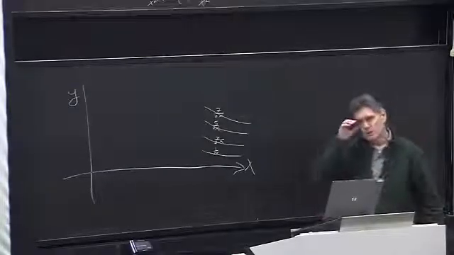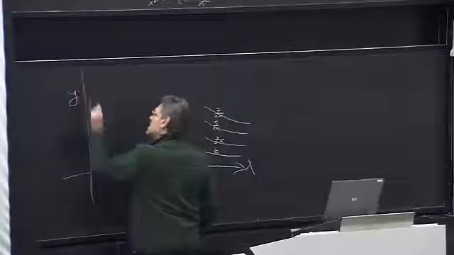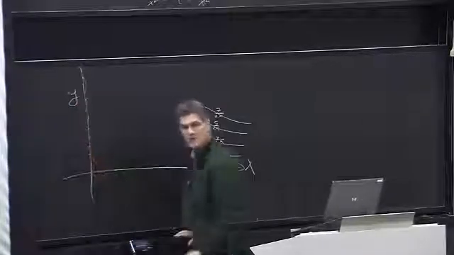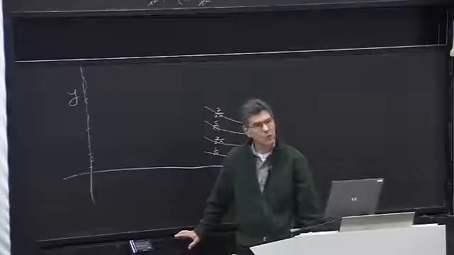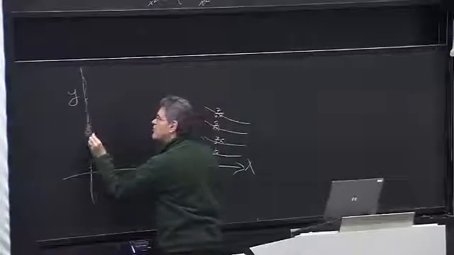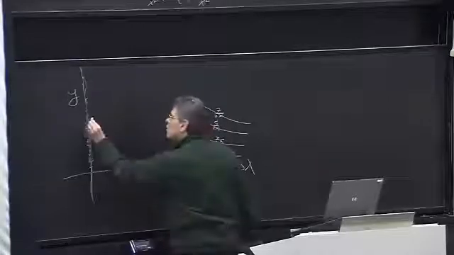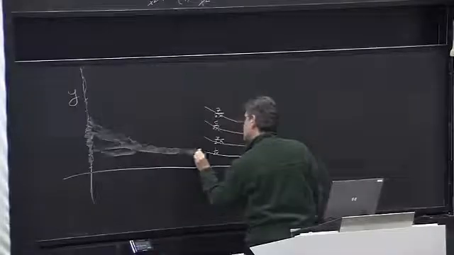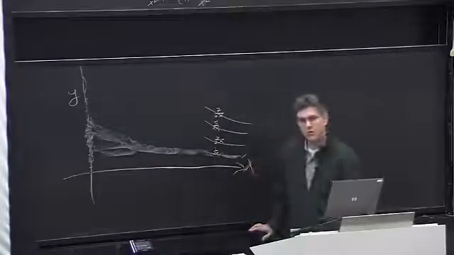But there's something weird here, because we could be starting at y equals 0 at any point on this axis. So what we are claiming is that what it looks like is if you start off with a bunch of points over here, all of these different solutions combine into one solution as you go off to infinity.